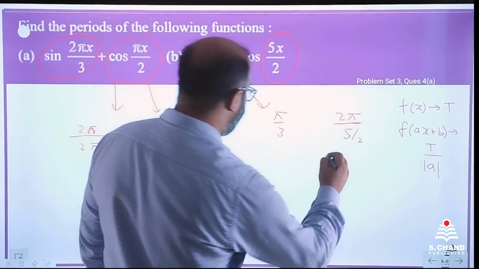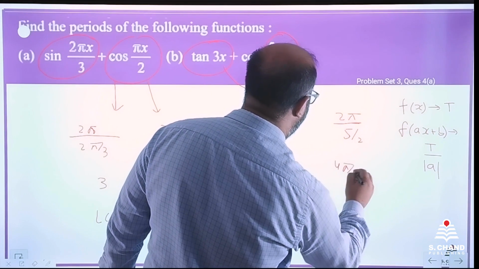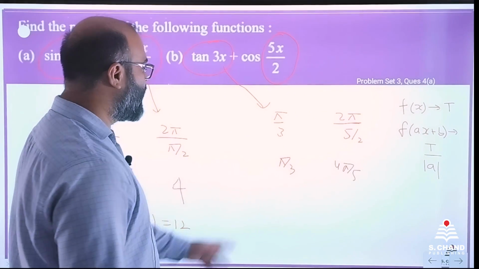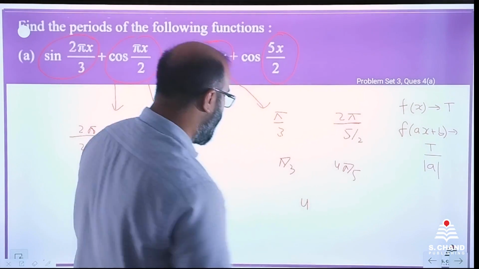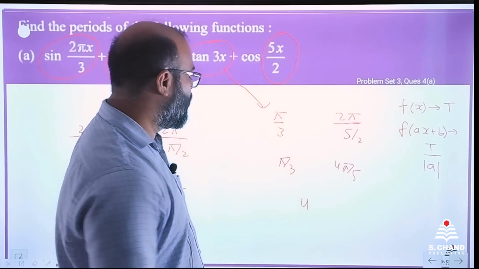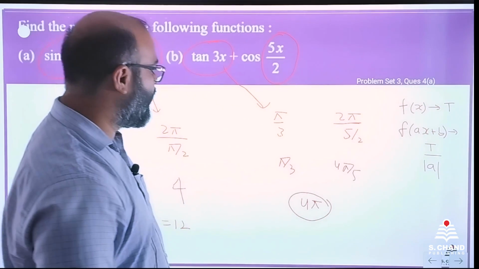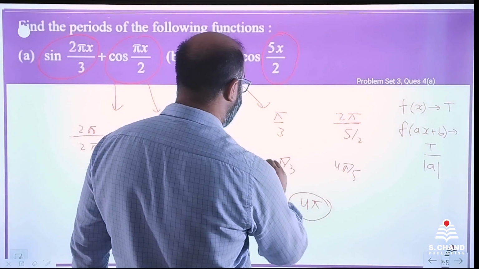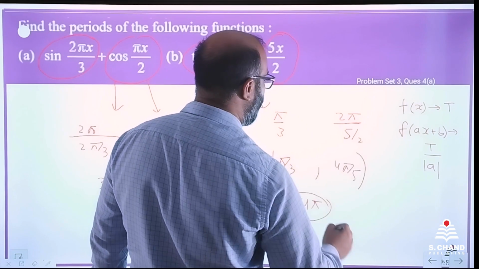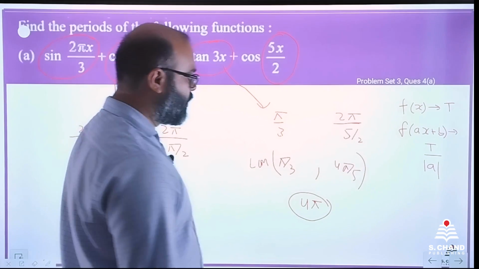Now this will become π/3 and this will become 4π/5. Now we take the LCM of 1 and 4. So the LCM of 1 and 4 will be 4, and the HCF of 3 and 5 will be 1. So 4π is the result which we are getting here as the LCM of both of them. So we are taking the LCM of the numerators by the HCF of the denominators.